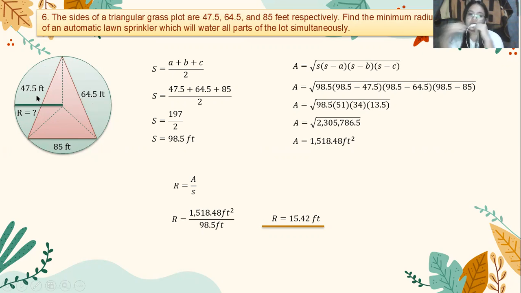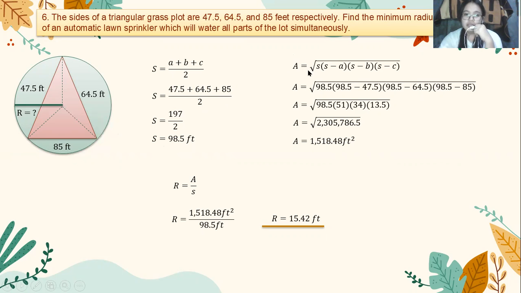So all we need to do is to find half of the sum of the sides. Our formula for that is a plus b plus c over 2. So the semi-perimeter s is equal to 47.5 plus 64.5 plus 85 divided by 2. If we add all the sides, we have 197 over 2, and we will get 98.5 feet.